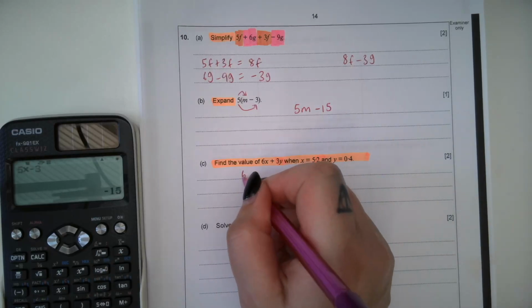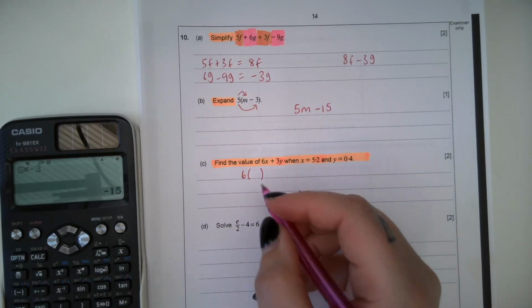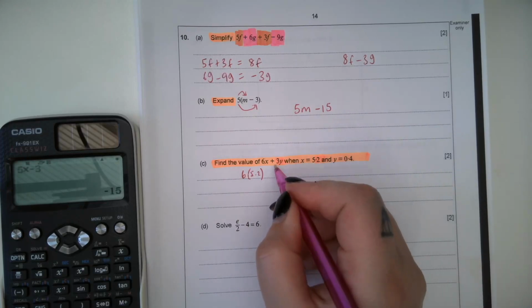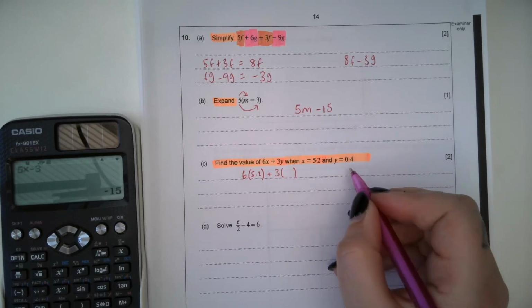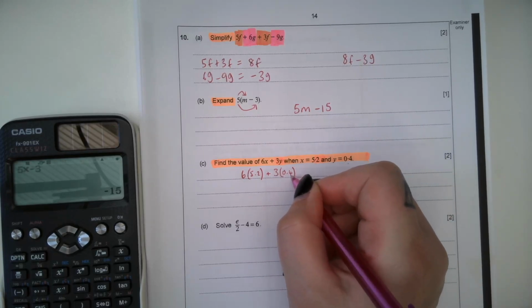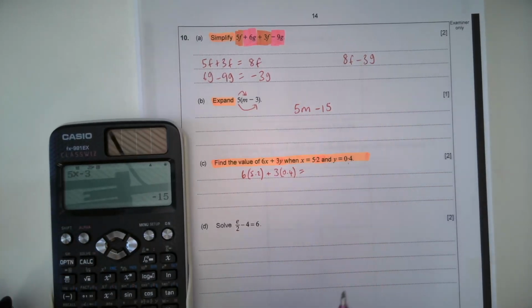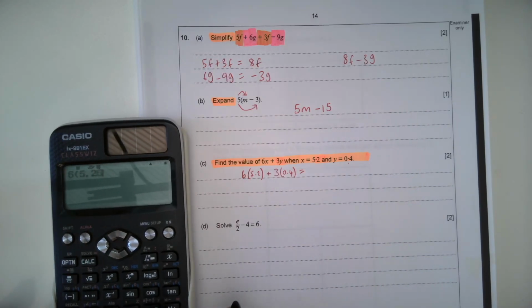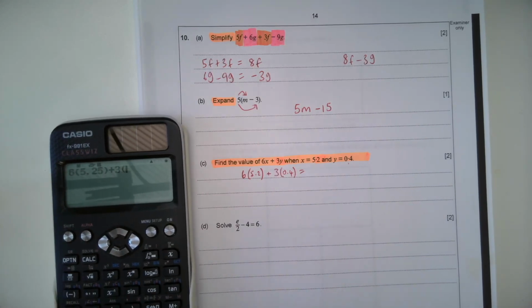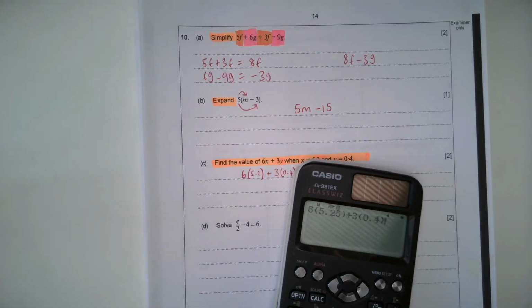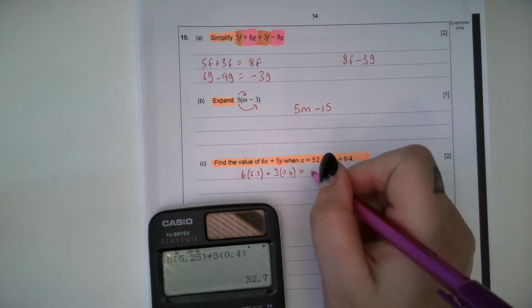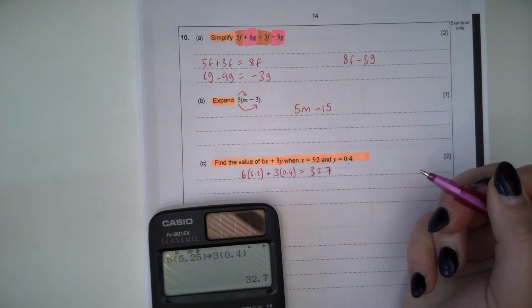So we have 6x, but instead of x, we're going to write 5.2, plus 3y, but instead of the y, we're going to write 0.4. And I'm going to pop that in my calculator. So 6, 5.2 plus 3, 0.4. I've put it in exactly as I've written it on my paper, guys. And that tells me it's 32.4.